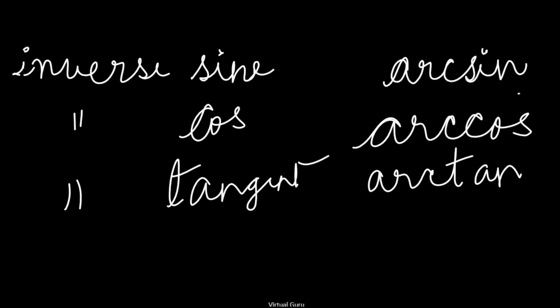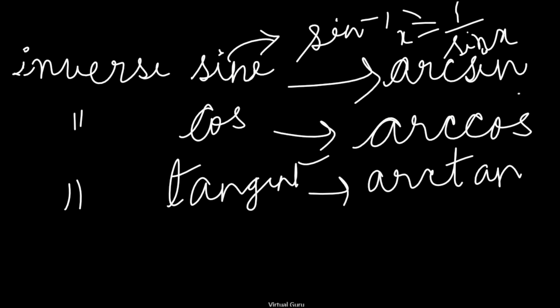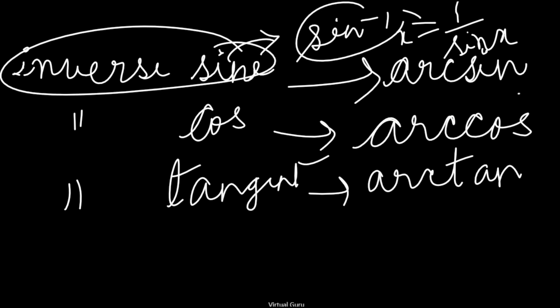Of course, this will not be useful in our mathematics, but it is used mostly in computer programming languages, but not here. We cannot write inverse sine like this. This is completely wrong. These are notations used in some computer languages. That's all. Otherwise, you have to write this or this. This means exactly the same.